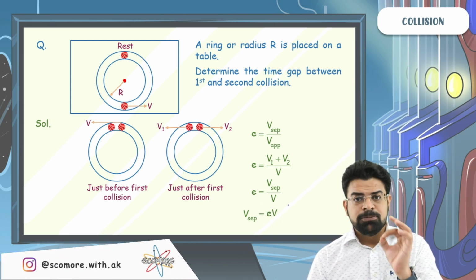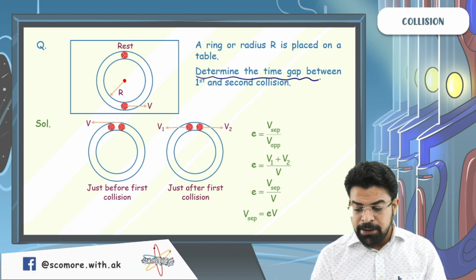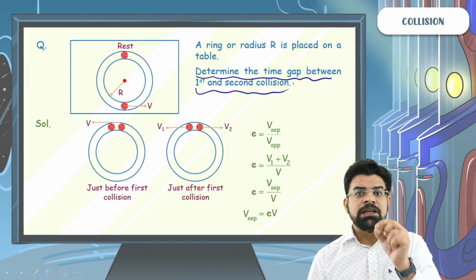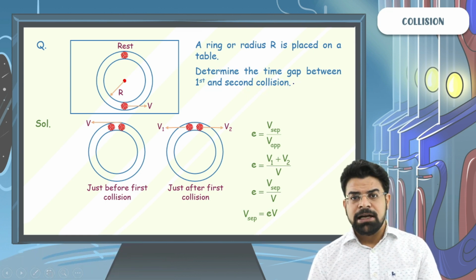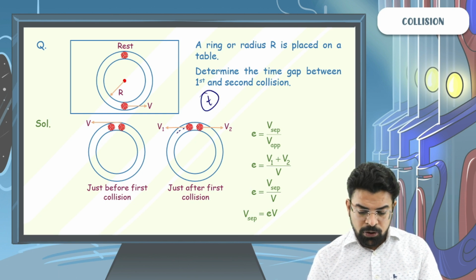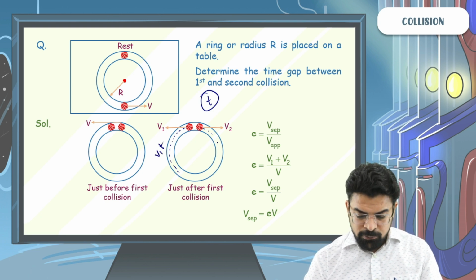Now why is this particular thing important? The mission is to determine the time gap between the first and second collision, after how long the second collision will take place. Let's say the second collision takes place after a time t. So in a time t, this first ball, which is now moving with a speed v1, would have traveled a distance v1t, while the second ball would have moved a distance v2t.